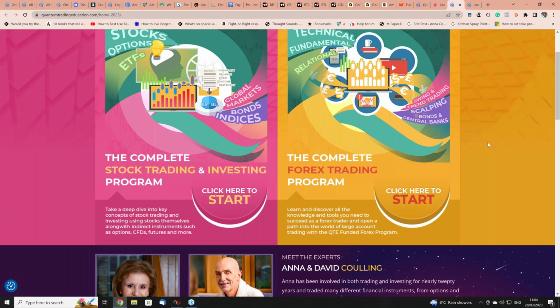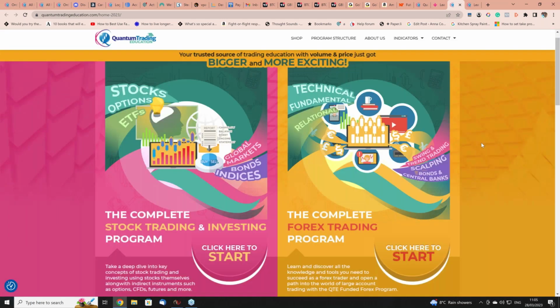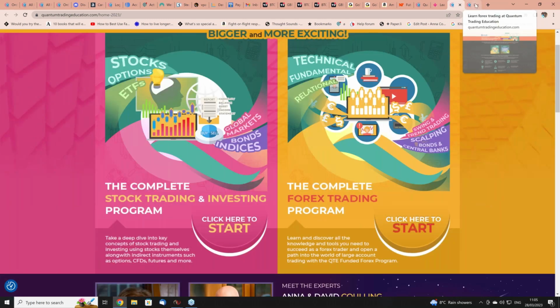ETFs in particular take a big part of the program too. How to create portfolios. It's huge. We're really excited to roll that out, but it has been a massive undertaking, as with all the programs that we develop.